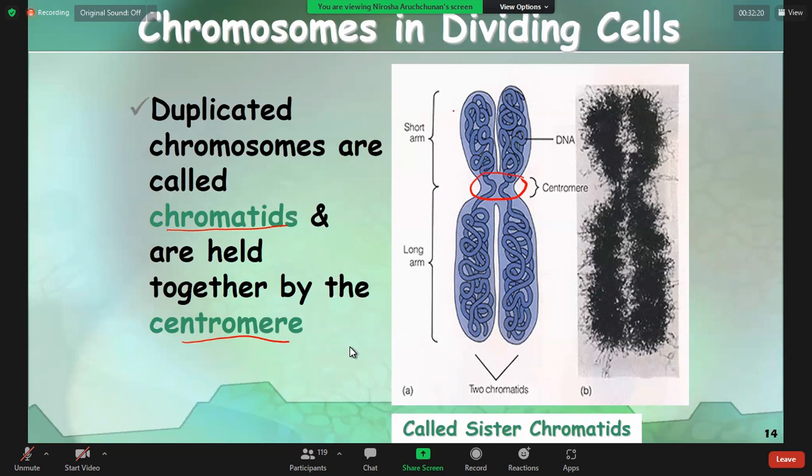This is one chromatid, and this is another chromatid. Both chromatids are held together by the centromere. We call these two chromatids sister chromatids because they are identical in shape and size, and they are together, along with two.